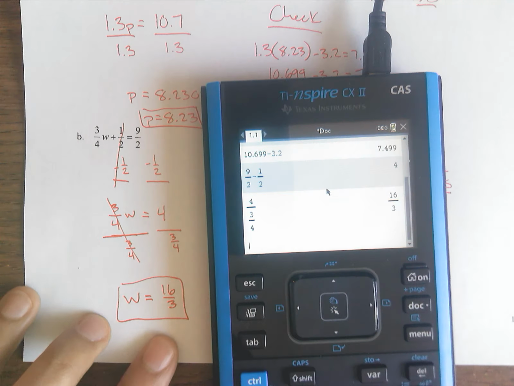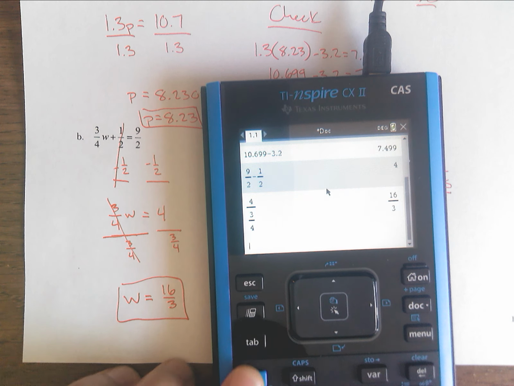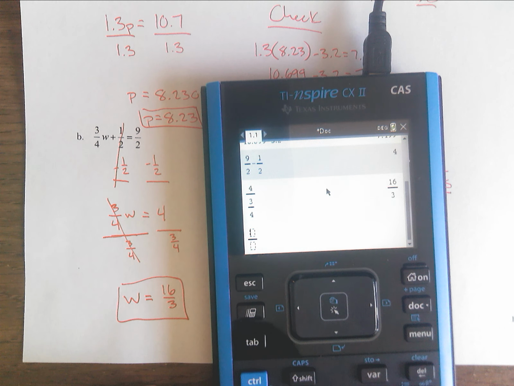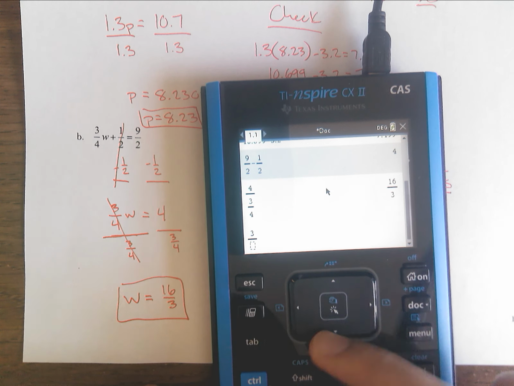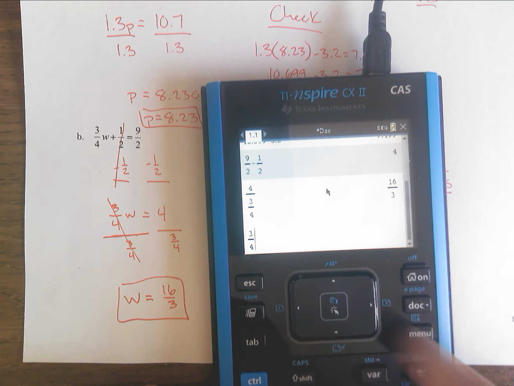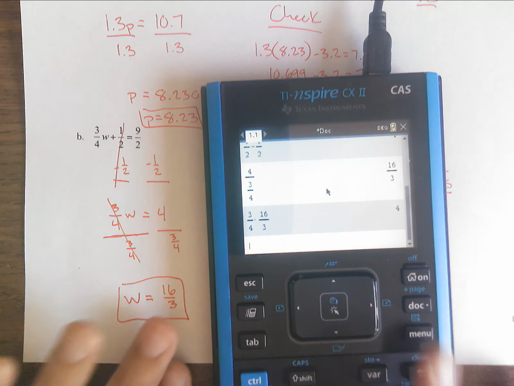So we're going to multiply those two. We have Control divide gives us our fraction bar. 3/4, there we go, times, and then our fraction bar again, 16/3. And we get 4.